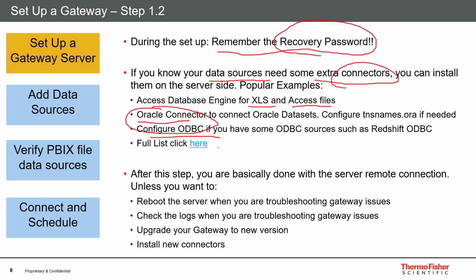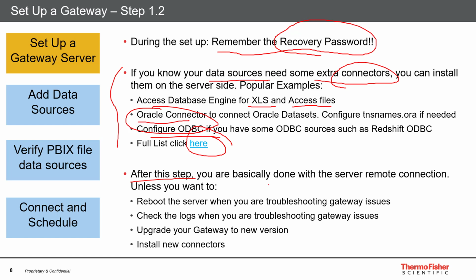I will post this PowerPoint, and you can see the full list there. But if you don't know, don't worry too much, because later you will receive an error message, and the system will guide you on which one you are missing, and you just install those. Okay, and one last thing is, after this step, you are basically done with the server.